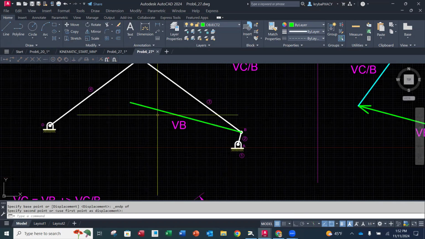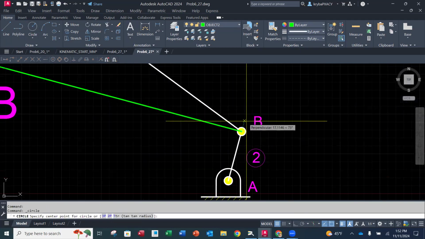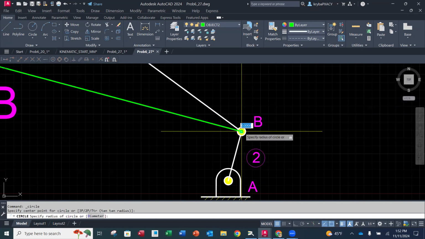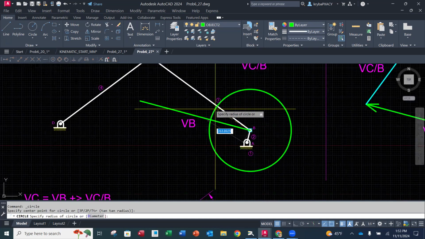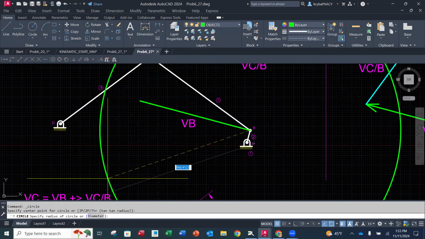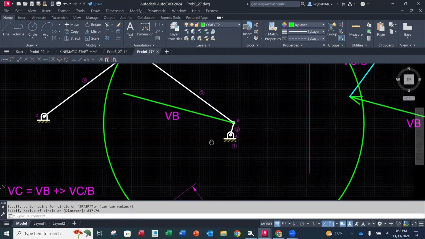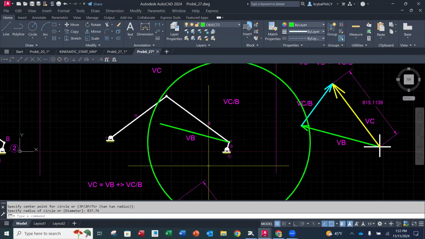Now I drew this a random length. To get it to the actual length, I am now going to do a circle with a radius. The center point is going to be at point B, and I am going to make that radius the magnitude of B, 837.76. Depending on the scale that you're using, you can adjust that if needed.